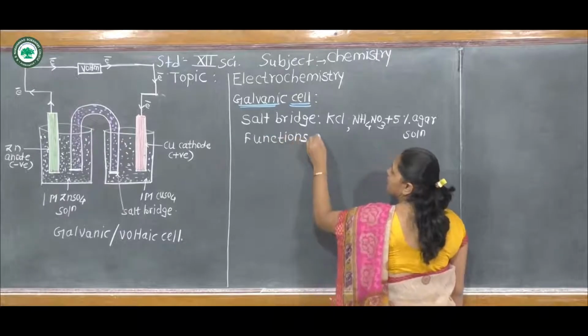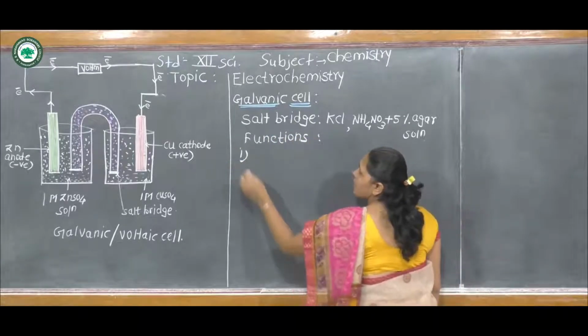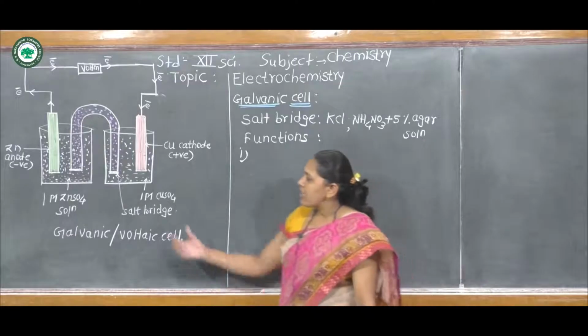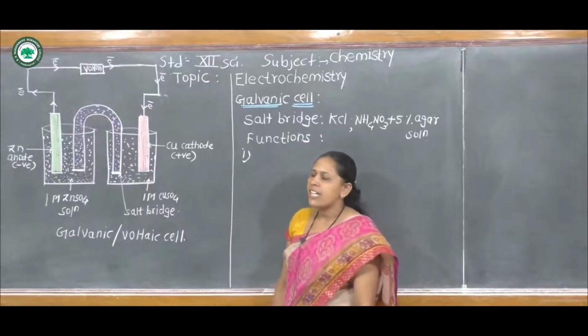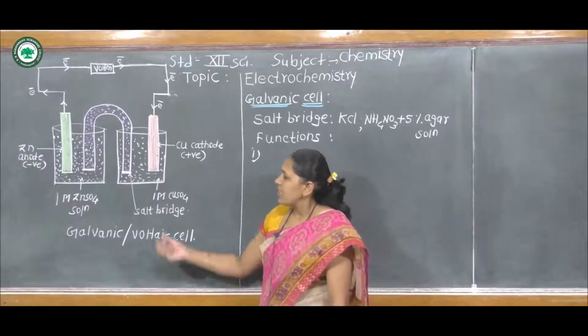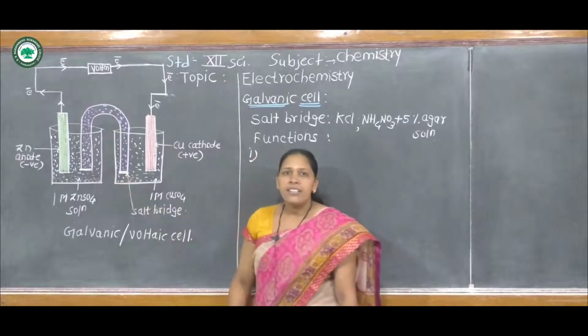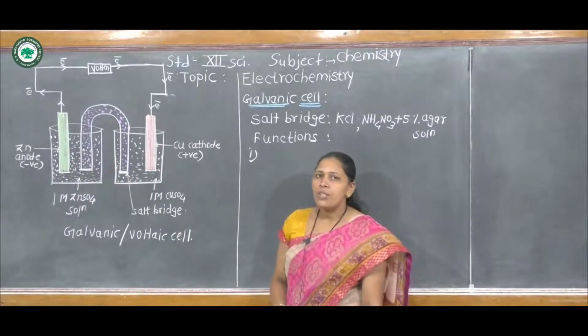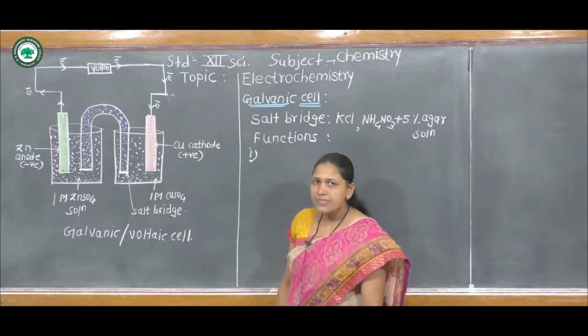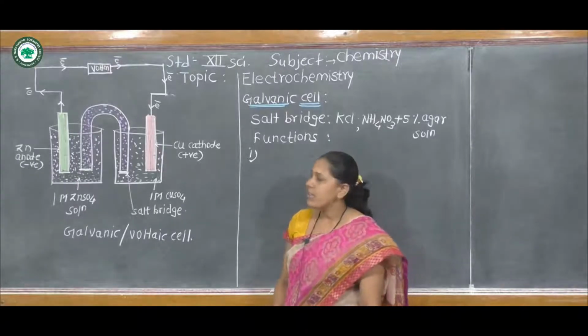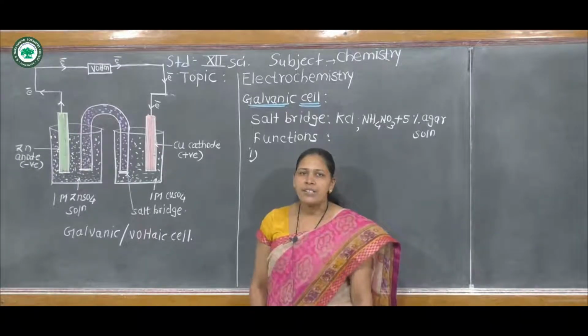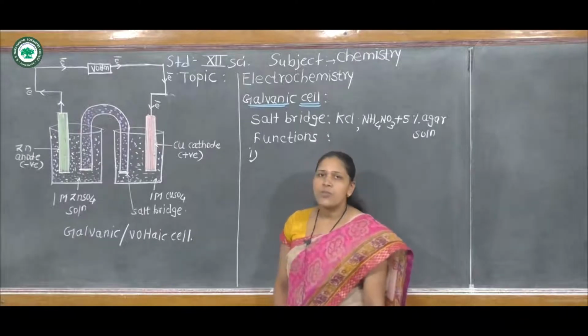Functions. First function: from the diagram it clearly indicates that it maintains electrical contact between the two solutions and thereby completes the circuit. This is the main function of the salt bridge.